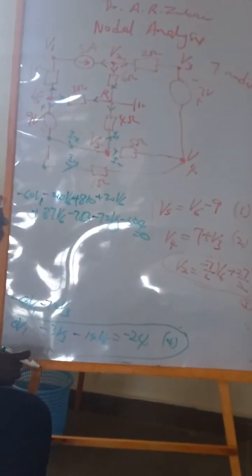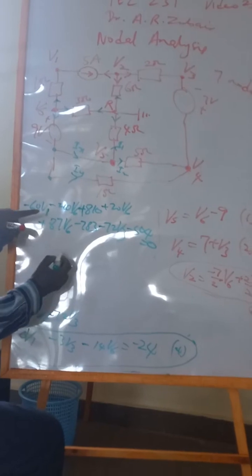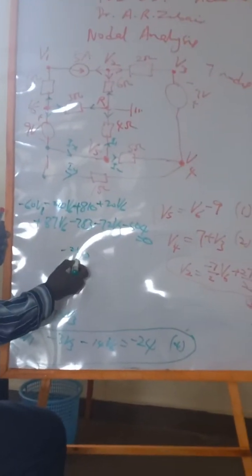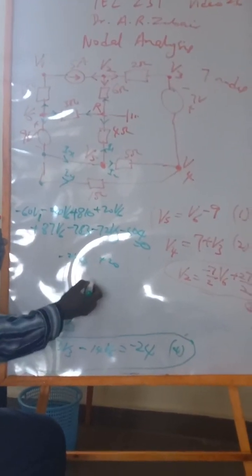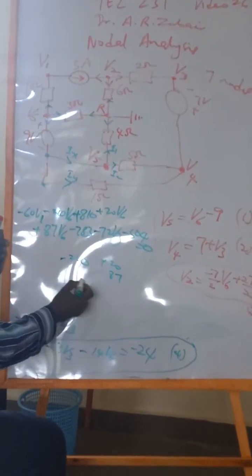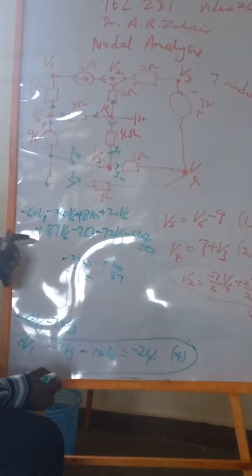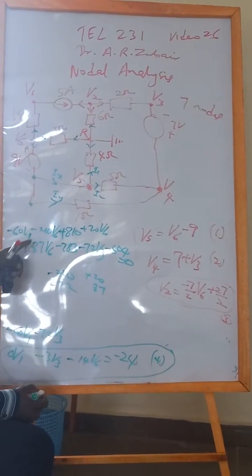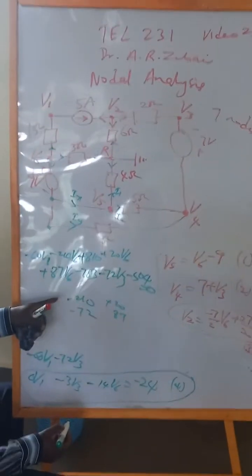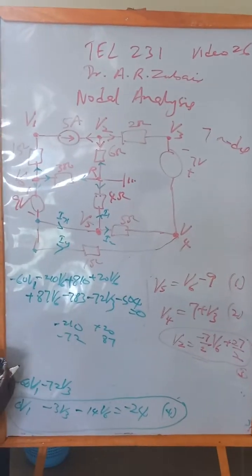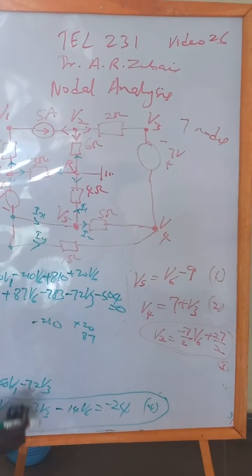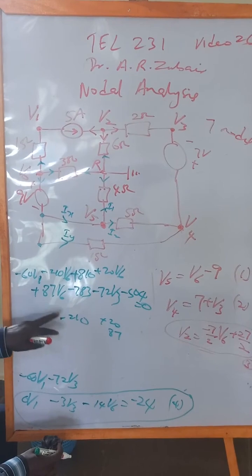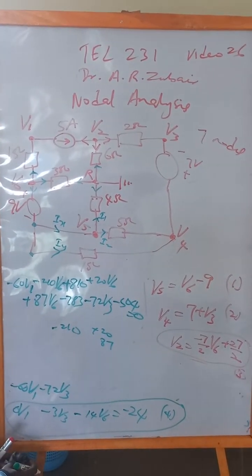Then for V6, I have minus 210, I have plus 20, I have 87. Thank you. What am I going to have?